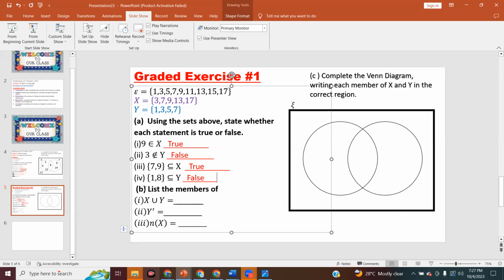Now we have to list the elements of the union. If we list the elements of the union, what numbers are part of the union? 1, 3, 5, 7. Do we write 7 twice?